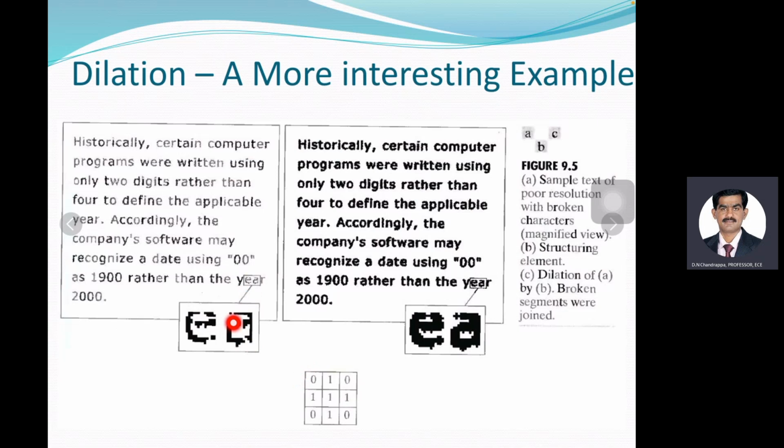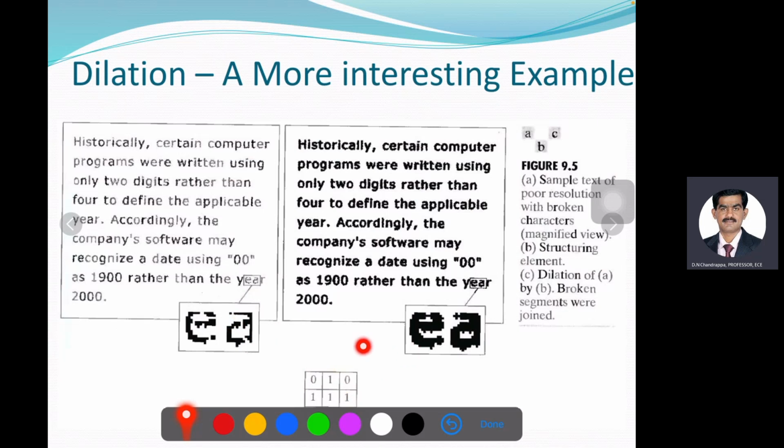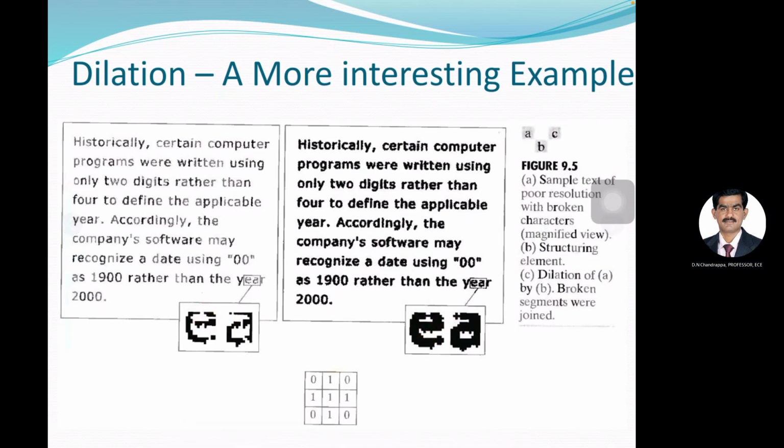This is considered as A, and this is considered as B. The dilation of A will become like this, dilation of A by B. The broken joints are joined here. So this dilation concept we can use wherever we require, based on the applications we are going to use.